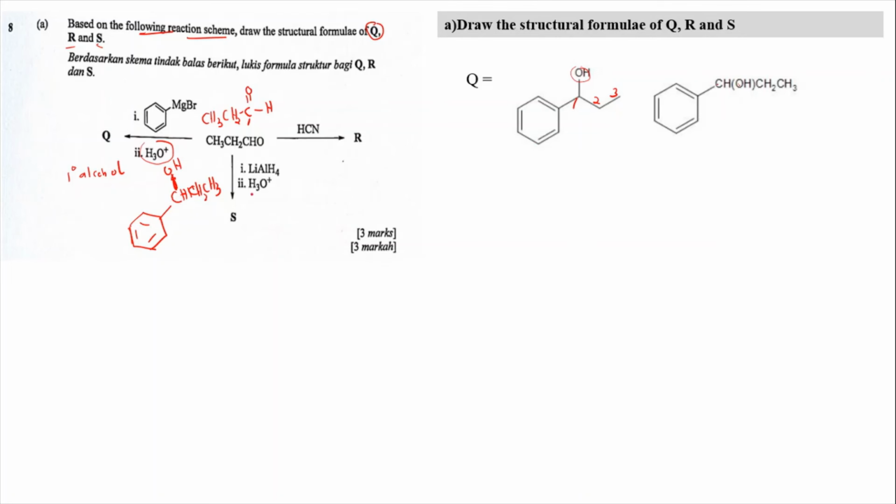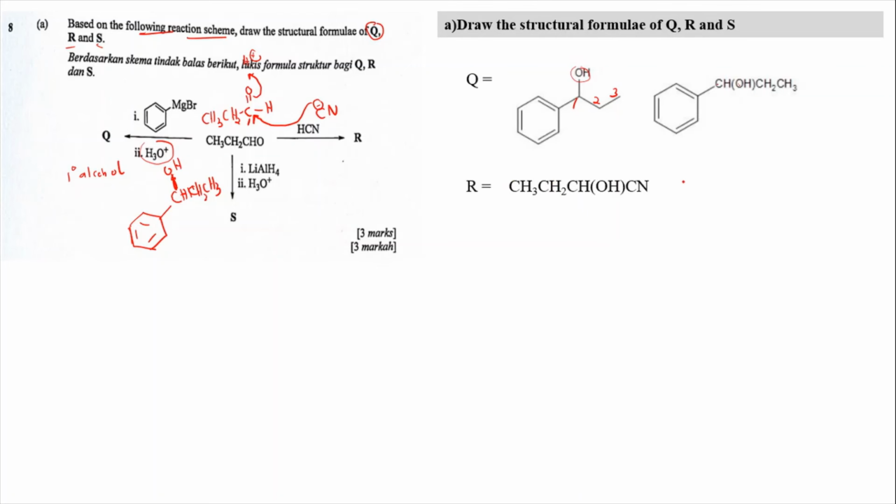Okay, and then for R, you know that CN is a nucleophile. So it's going to attack at this carbon, and then the double bond O is going to break and take up the hydrogen from the HCN here. So it's going to become a cyanohydrin, where R here is going to be the same as this structure here, but we add CN and OH.